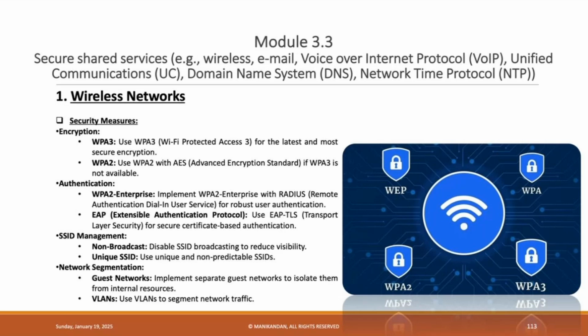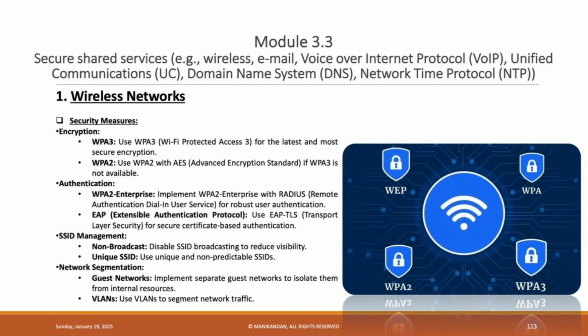Now, when we are talking about SSID management, disable the SSID broadcast to reduce visibility, and we must have a unique SSID which is non-predictable. Use network segmentation, such as implementing a separate guest network to isolate guests from internal resources.